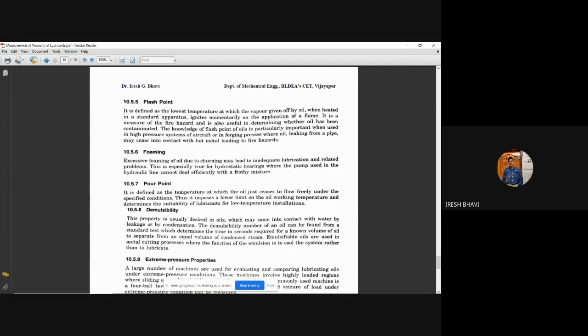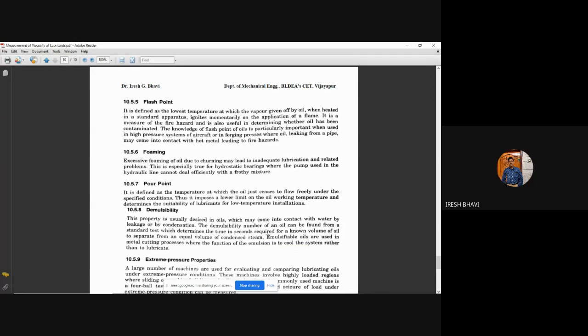Then demulsibility. This property is usually desired in oils which may come in contact with water by leakage or by condensation. So when lubricating oil comes in contact with water, it gets demulsified. The demulsibility number of an oil can be found from a standard test which determines the time in seconds required for a known volume of oil to separate from an equal volume of condensed steam.